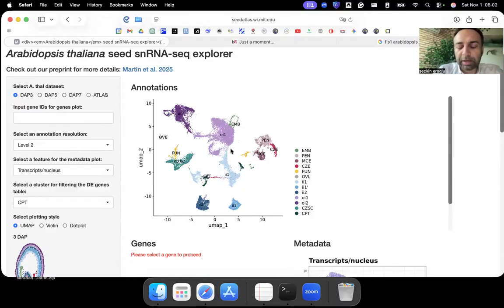So if we have like 4,000 dots here, it means they did 4,000 RNA sequencing. And why are some dots further from some others? That's because the gene expression patterns are different. So if gene expression patterns are closer, then they tend to group together.